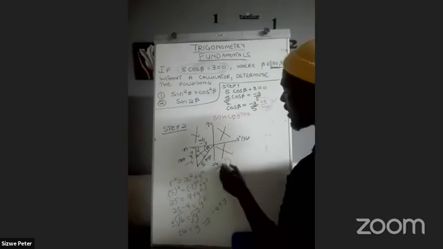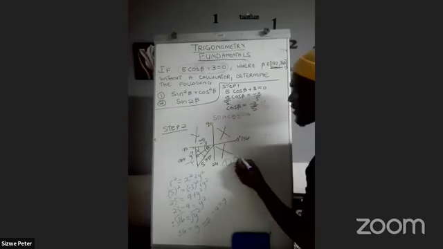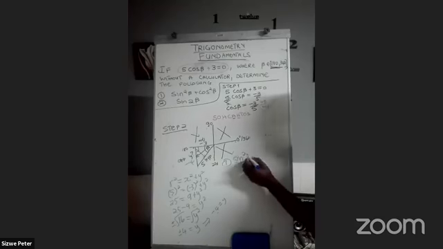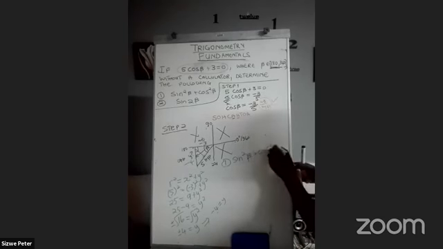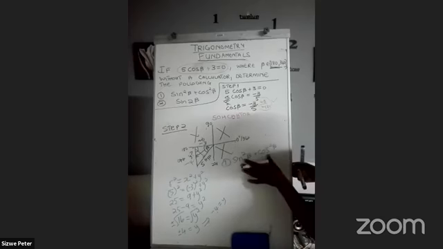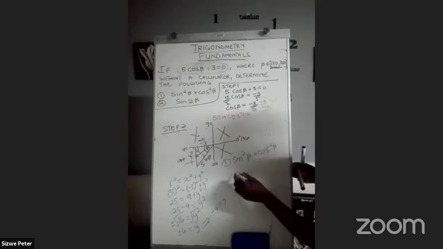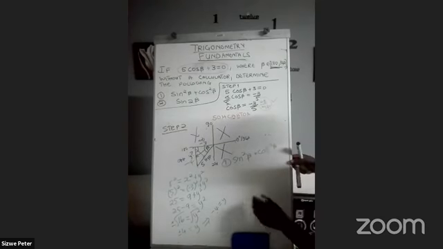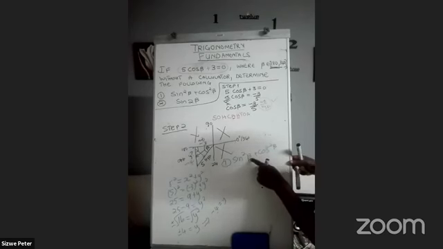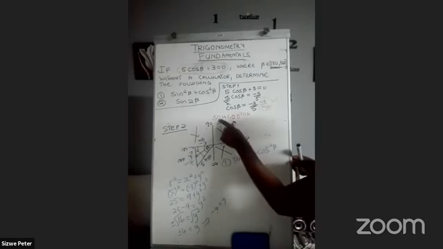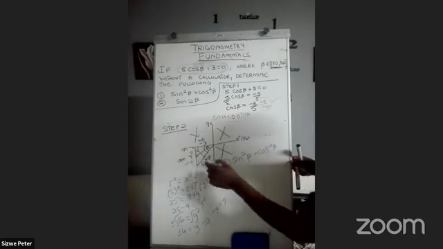Let's answer question 1. I have sine squared beta plus cos squared beta. I'm expecting to get 1 because this is the identity. What is sine?